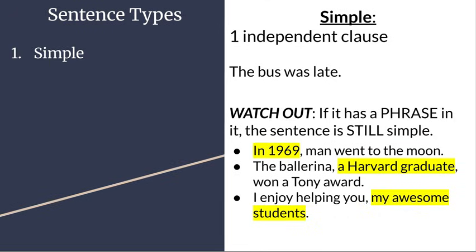Same thing, I enjoy helping you, my awesome students. My awesome students is renaming you. I is my subject, enjoy is my simple predicate, helping you completes the predicate. That's my independent clause. My awesome students doesn't change the type of sentence whatsoever, so it's still simple. So you can have it simple as simple can be with just a subject and the predicate, or you can attach a phrase and it's still simple.